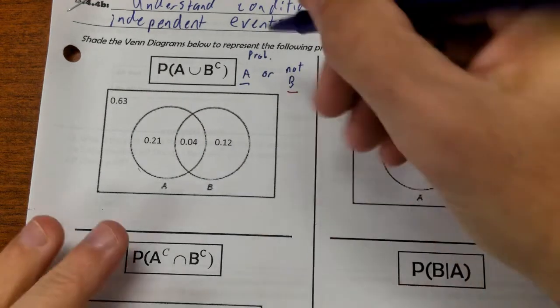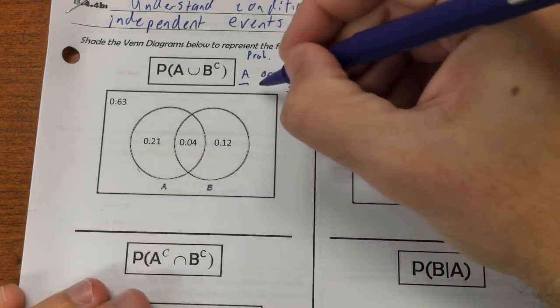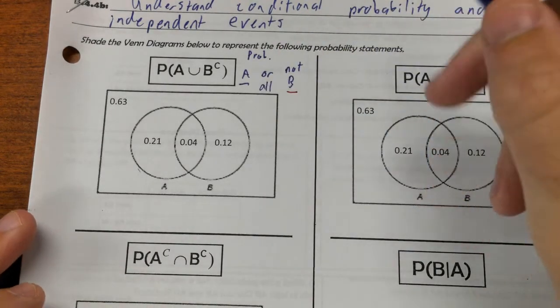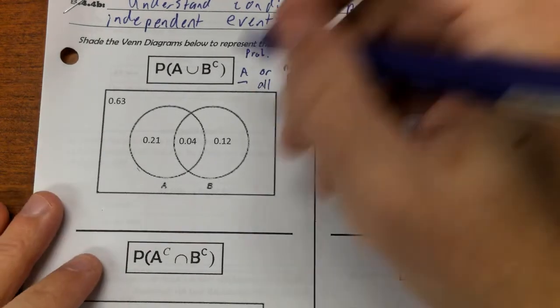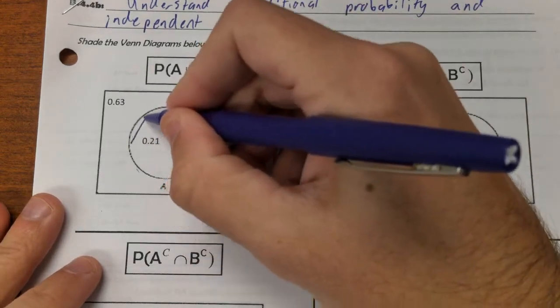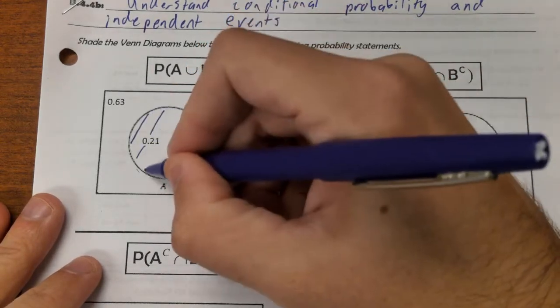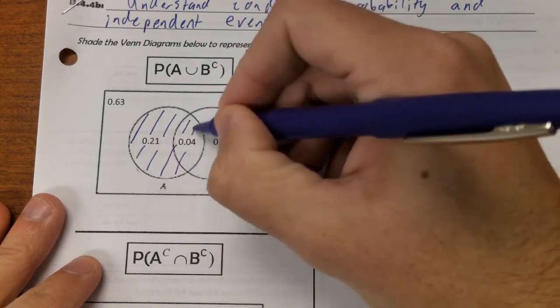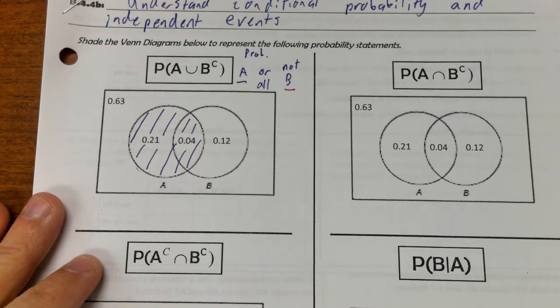And this or means that we're going to be taking everything, okay, all of it. Right? We're going to be taking all of it. Now, A is just going to be this circle here. So I'm going to use this to represent my A circle.